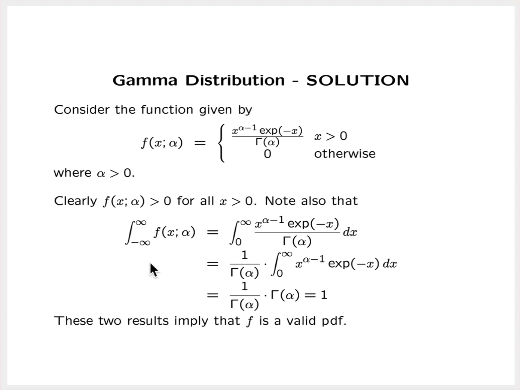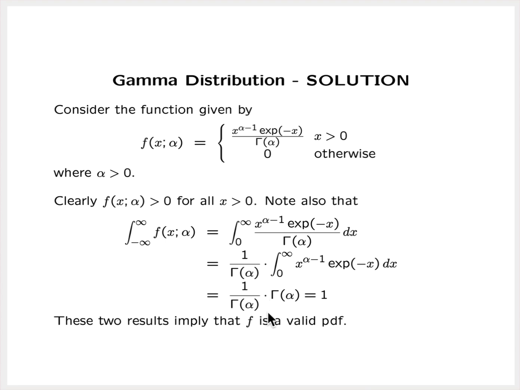In addition, note that if we integrate this function f over the entire real line, it simplifies to the integral over the positive part of the real line of this expression here. Now, the gamma function does not depend on the variable of integration x, so I can pull the 1 over the gamma function out front, outside of the integral, and then I'm left with the integral over the positive part of the real line of x raised to the alpha minus 1 power times the exponential function evaluated at negative x, but that's just the gamma function evaluated at alpha.